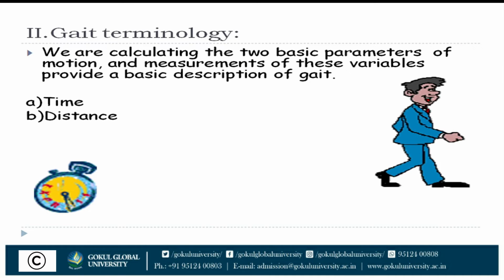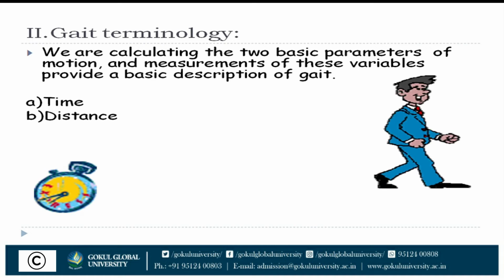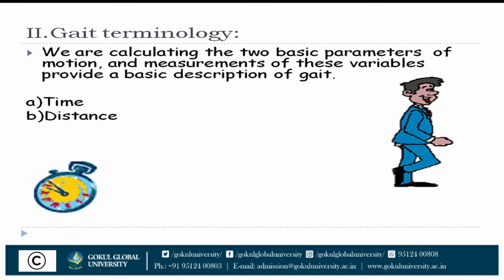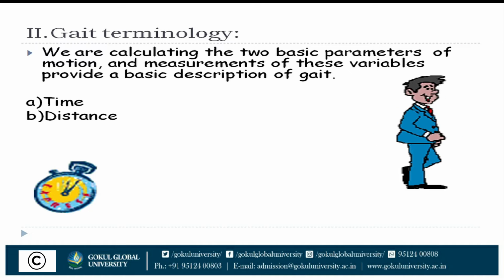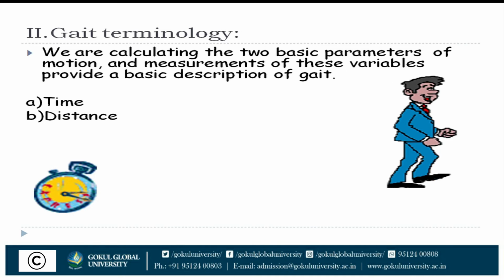Gait terminology. We calculate two basic parameters of motion and measure these variables for a basic description of gait. First is time and the second is distance.